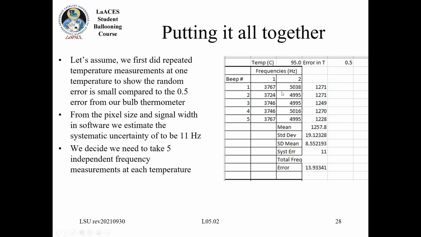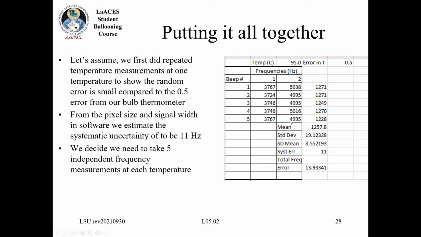So now I have 5 independent measurements of the fundamental frequency. I measured the first peak and the second peak, and I took the difference of all of them. So I calculate the mean, the standard deviation of this sample, and the standard deviation of the mean. And like I said, I have estimated my systematic error to be 11 hertz.